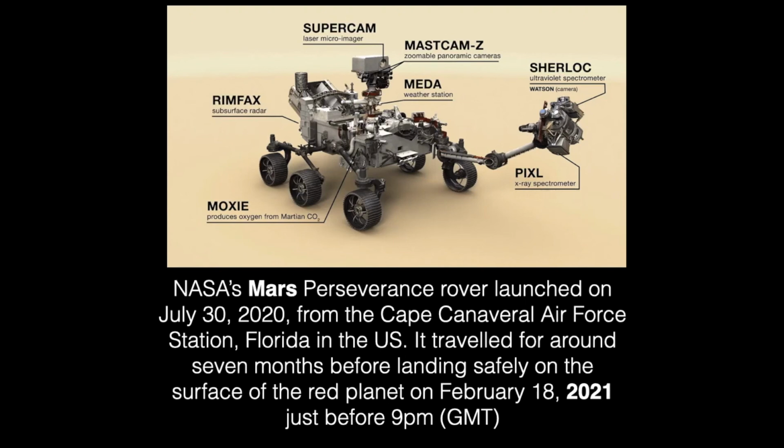This rover launched in 2020, and it took about 7 months to get from Earth to Mars. It left Earth July 30th, 2020, and landed on the surface of Mars February 18th, 2021.